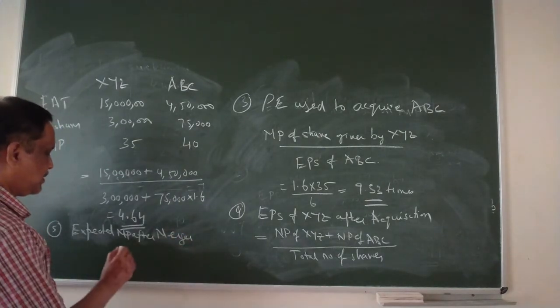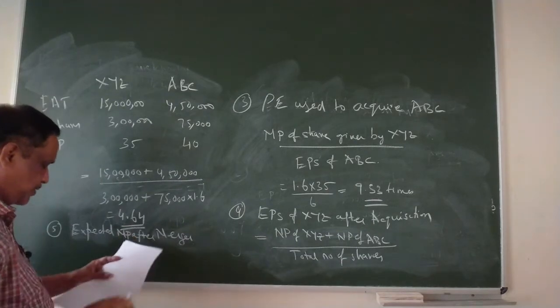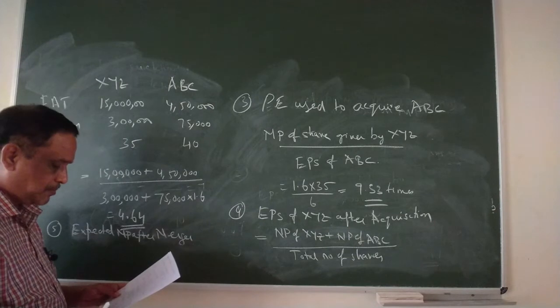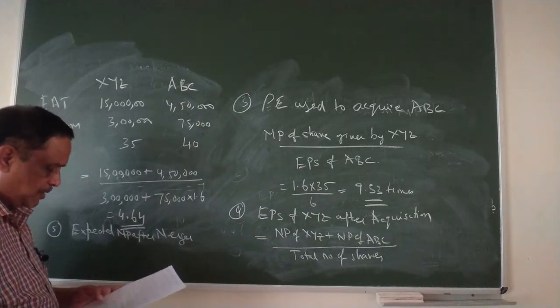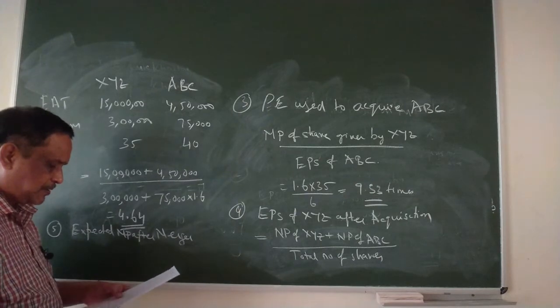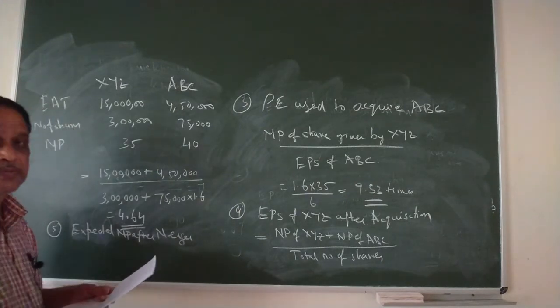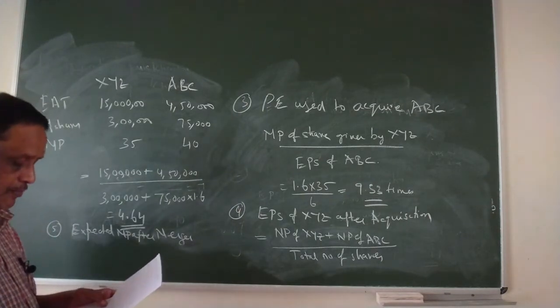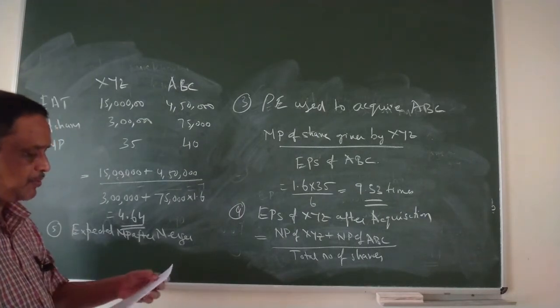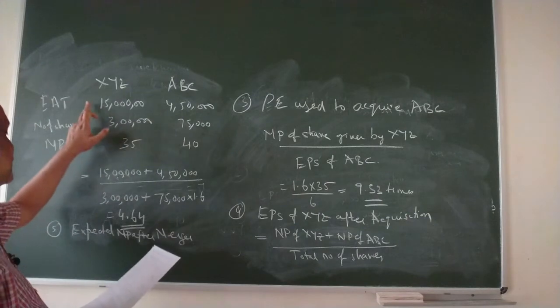That is PE ratio into EPS. We know the earnings per share of the combined company is 4.64, and we need to know the PE ratio of this company.